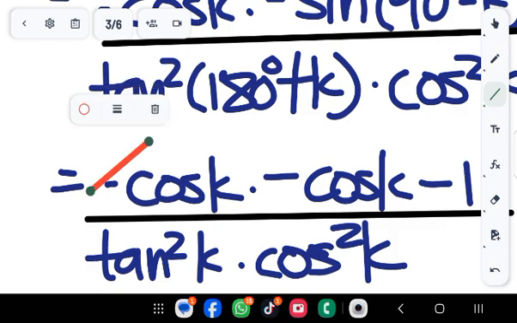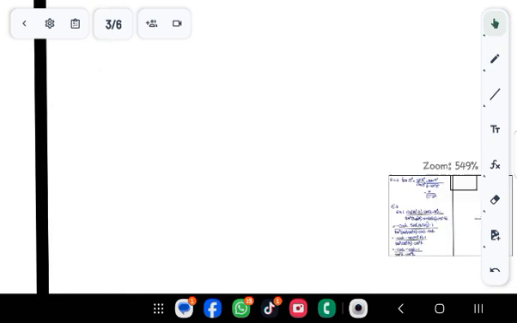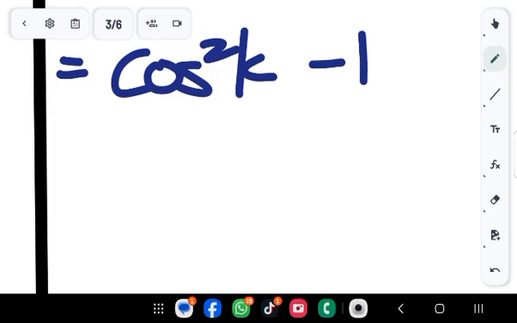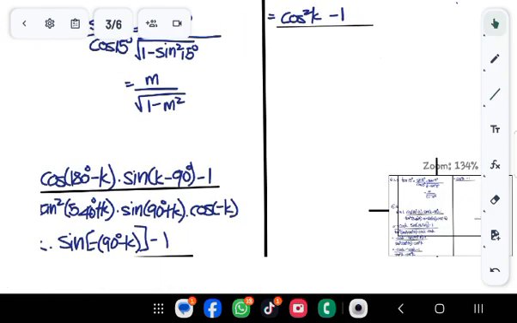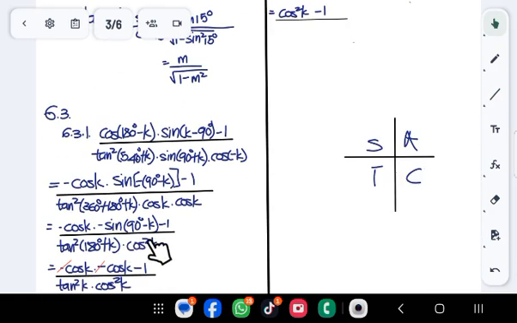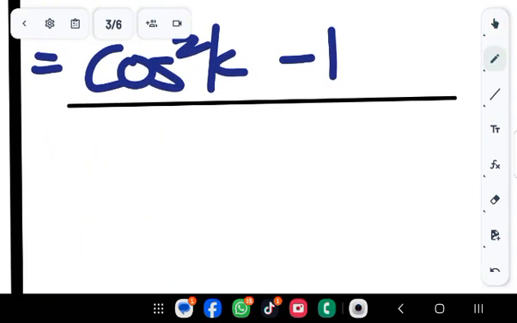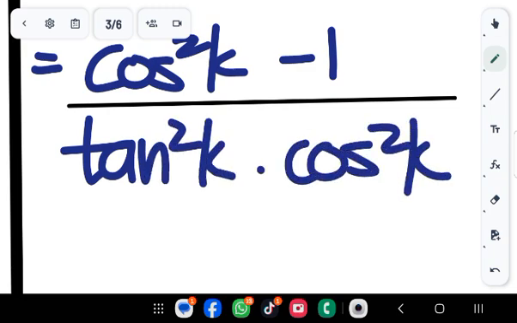Okay, let's use different color. The negatives cancel out, and that leaves us with cos squared k minus 1. So that is equal to cos squared k minus 1 over tan squared k times cos squared k.